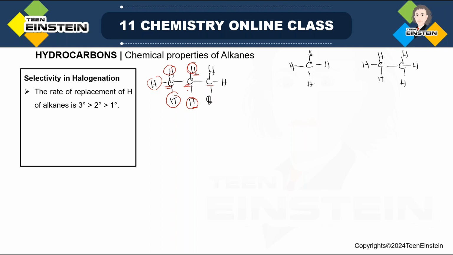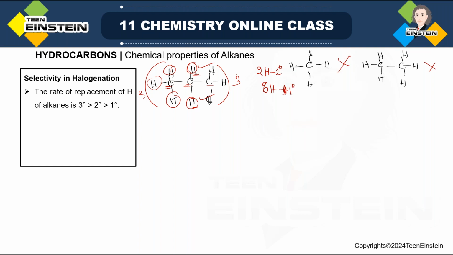So the rate of replacement of hydrogen of alkane is not applicable for methane or ethane because all the hydrogens are equivalent. But when you take propane, these three and these three, total 6 hydrogens, are one type, but for these two, it is different. So we have 2 hydrogens which are 2 degree, and we have total 6 hydrogens that are 1 degree, right?